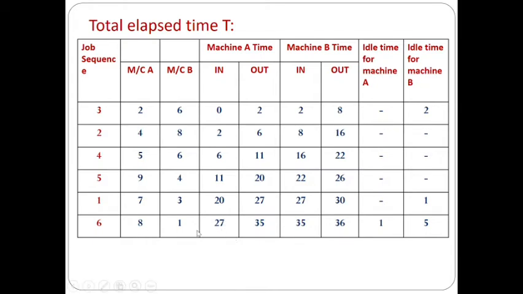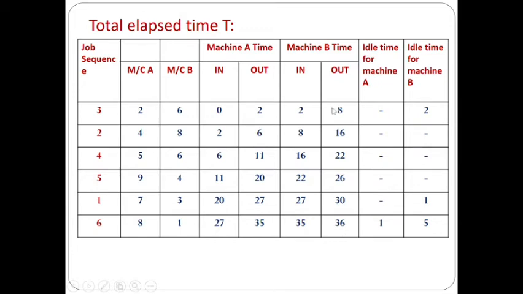So 27 plus 8 is 35, which is the time out for this job from machine A. And the time in for machine B will be the time out of machine A for the same job, which is 35, because the machine is available from 30 minutes, but the job is not available. So the machine has to be idle for some time, right? So 35 will be the time in for job 6. Next, the processing time is 1, so 35 plus 1 is 36.